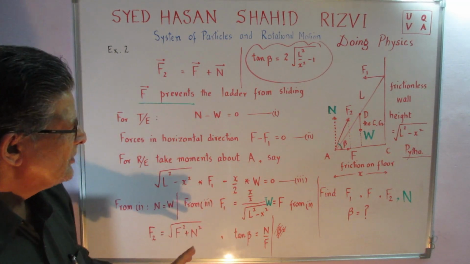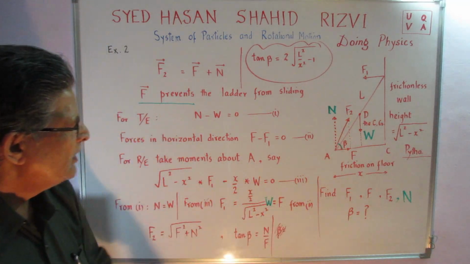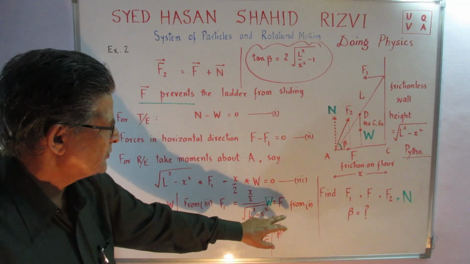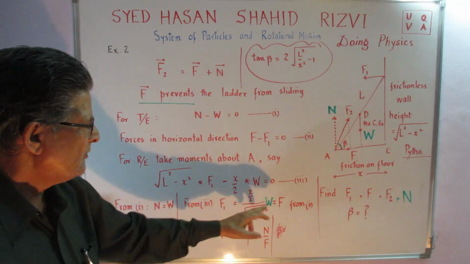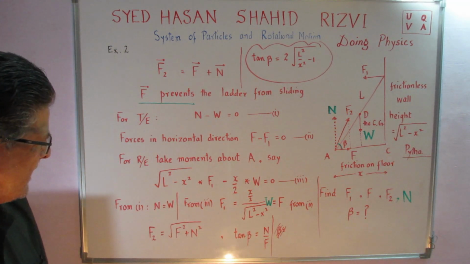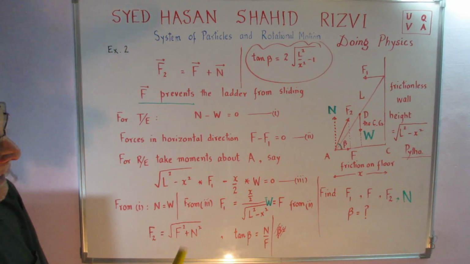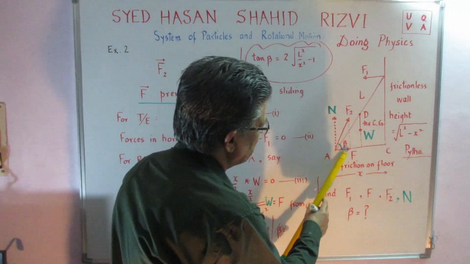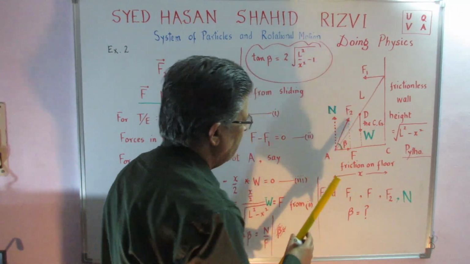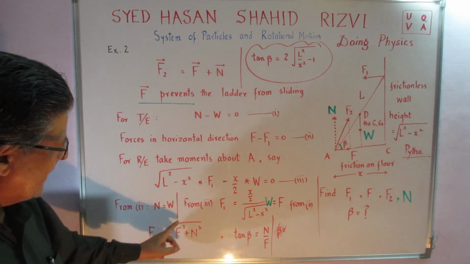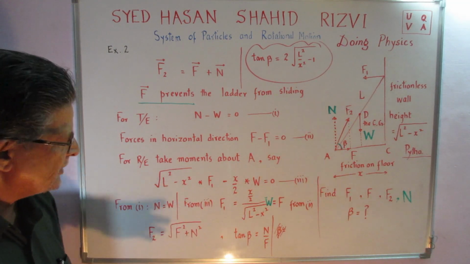Okay. From equation number 2, I can write F1 equal to F, so the same result I obtain for F also. Now, F2. F2 comprises two forces, F and N, so I can calculate it as root over F square plus N square.